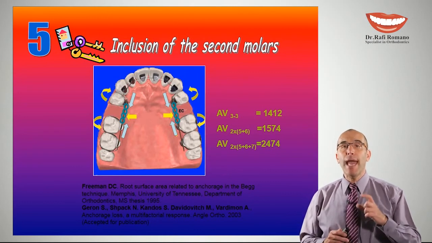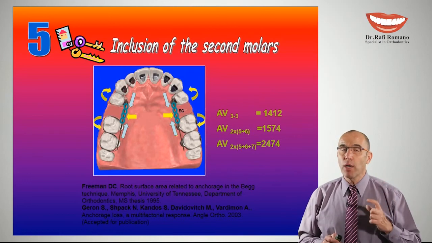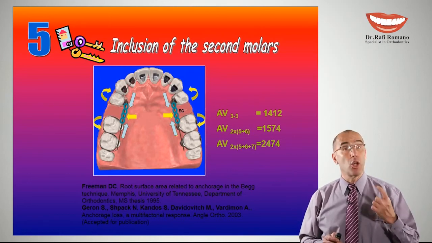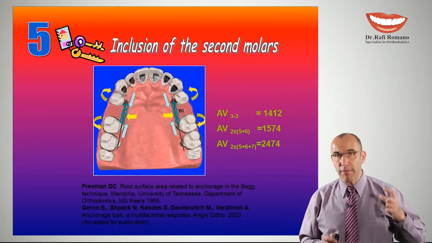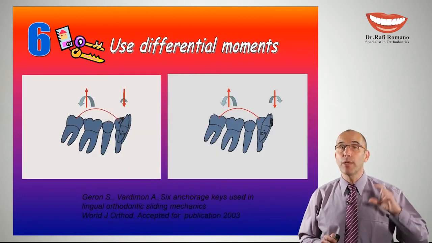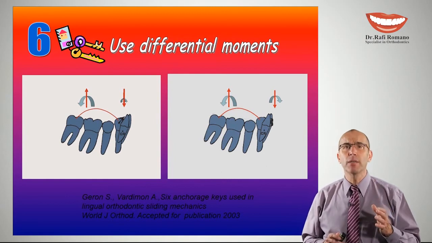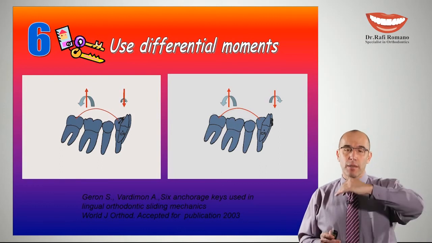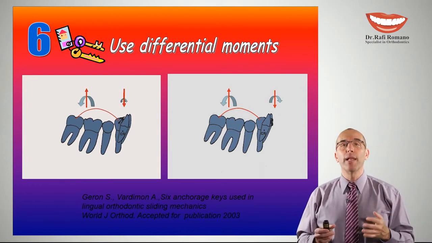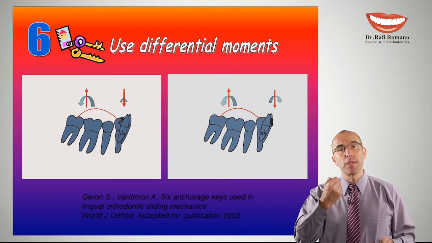And we add the second molar to the system. In lingual orthodontics, when you need a lot of anchorage, we always bond the second molar, the 7th, in order to get good anchorage for the system. And the last point is to do some reverse curve in the wire. This bend in the wire will actually create an active anchor force in the system.